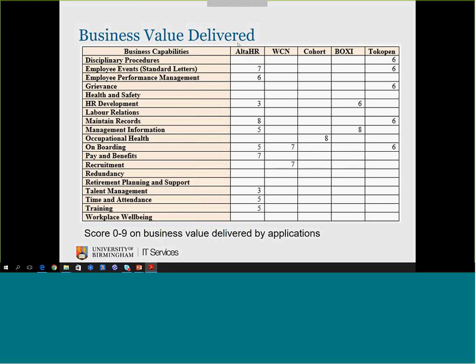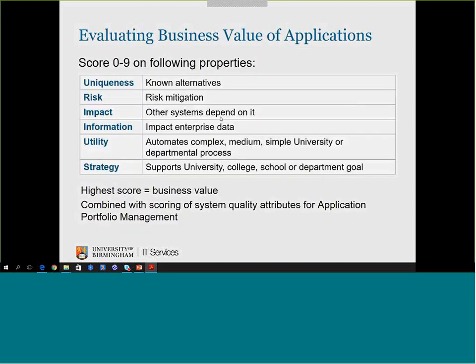Our main human resources management system is called HR, and it has a characteristic of doing what it does reasonably well, but there are a lot of gaps, as you can see. Scores are given during the business assessment against the full criteria.